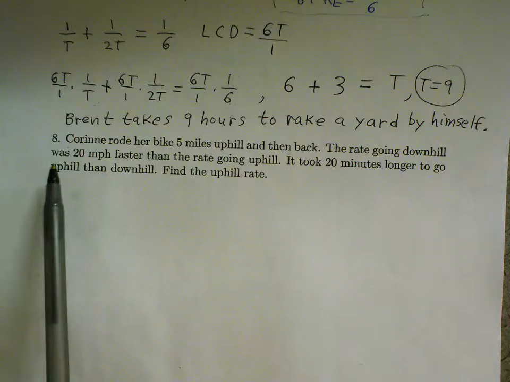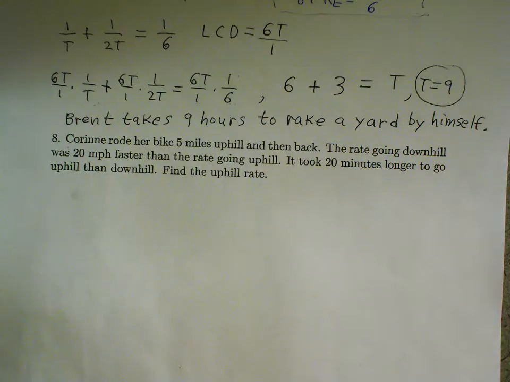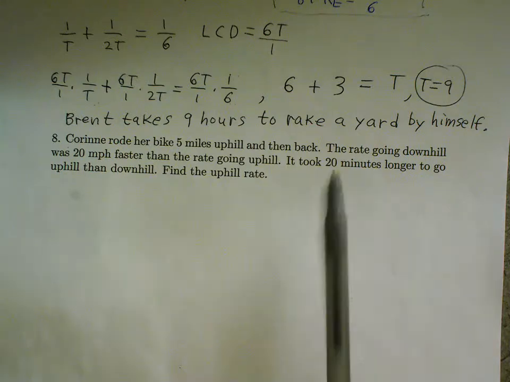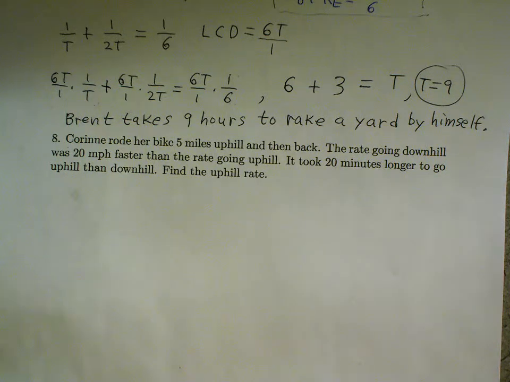One, when Corinne rode her bike uphill, we'll come up with a rate times time equals distance for going uphill, and then a rate times time equals distance on the ride back downhill.